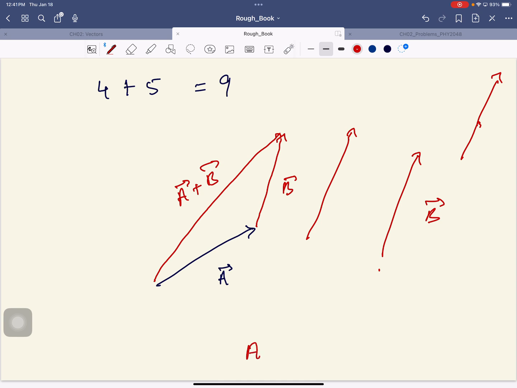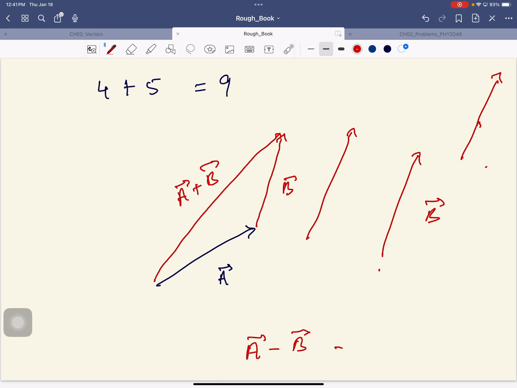Any guess on how you would subtract these vectors? Reverse the direction of B and add. Our friend there said, and that's a very logical guess.